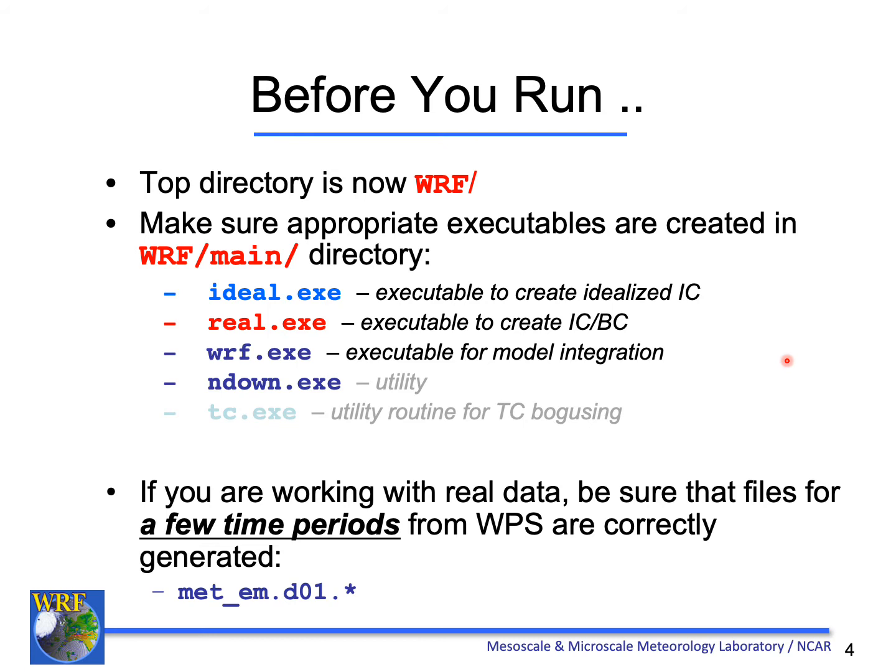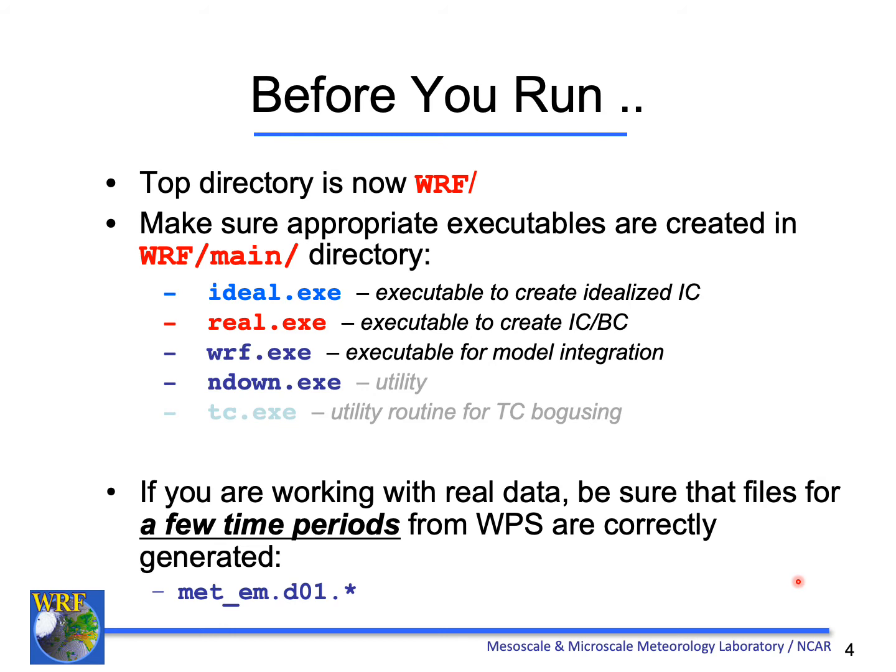Depending on what we have chosen to compile, real or idealized initialization, different initialization executables will be produced, and these are either ideal.exe or real.exe. The model executable wrf.exe is always there, and the same for both real and idealized cases. The two utility programs will not be discussed in this talk.